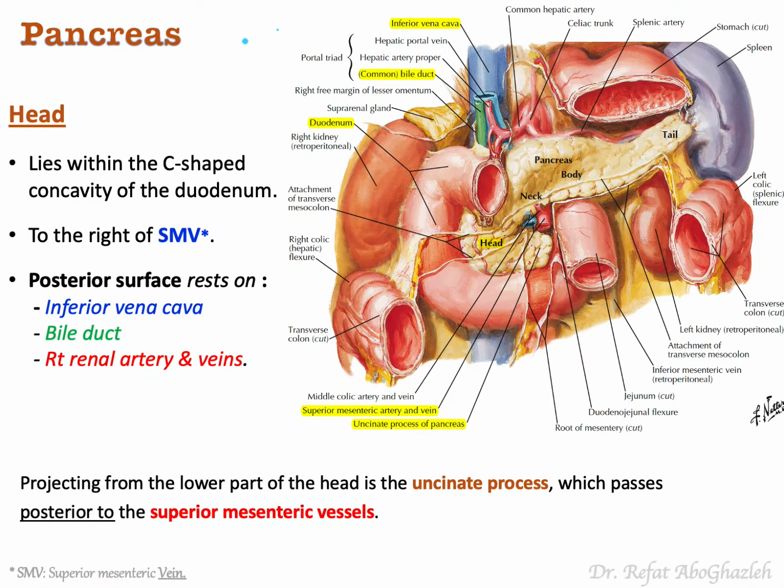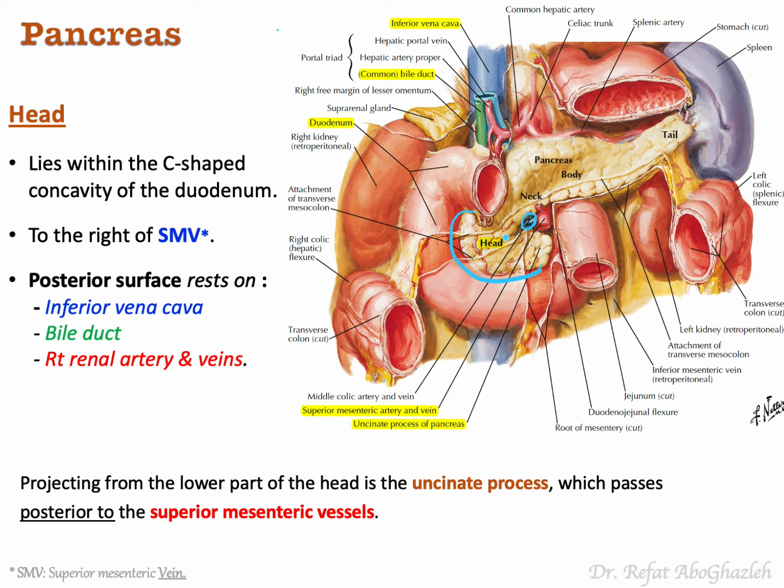Now we start with the first part of the pancreas, which is the head. This is the head. First of all, don't forget that it's located within the C-shaped concavity of the duodenum. Look at these vessels, guys, the superior mesenteric artery and vein, and you know that the superior mesenteric vein is located to the right of the superior mesenteric artery.